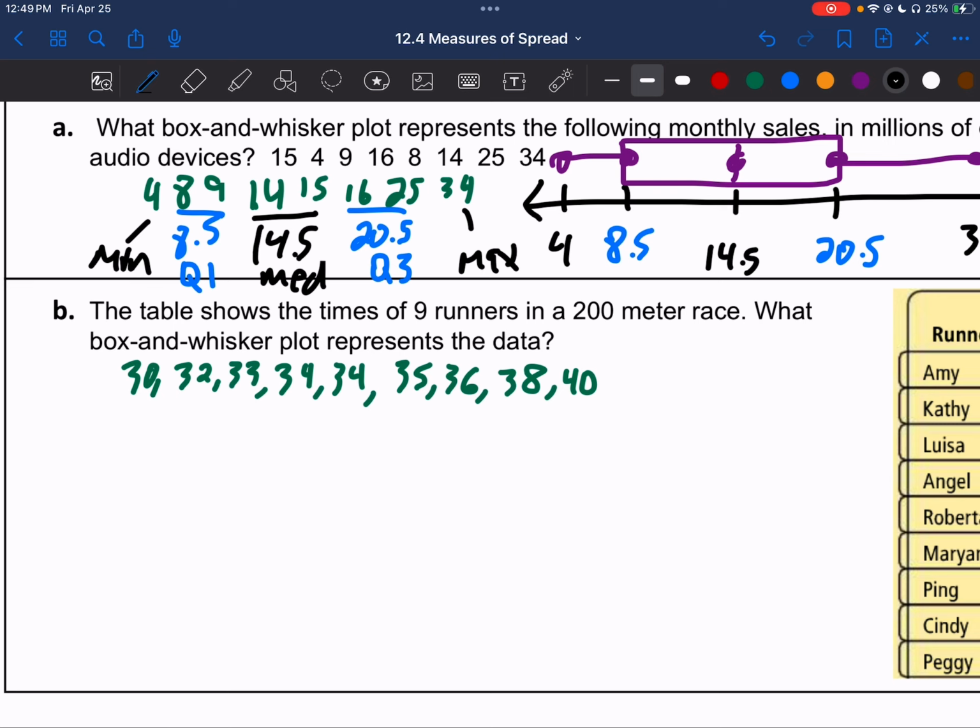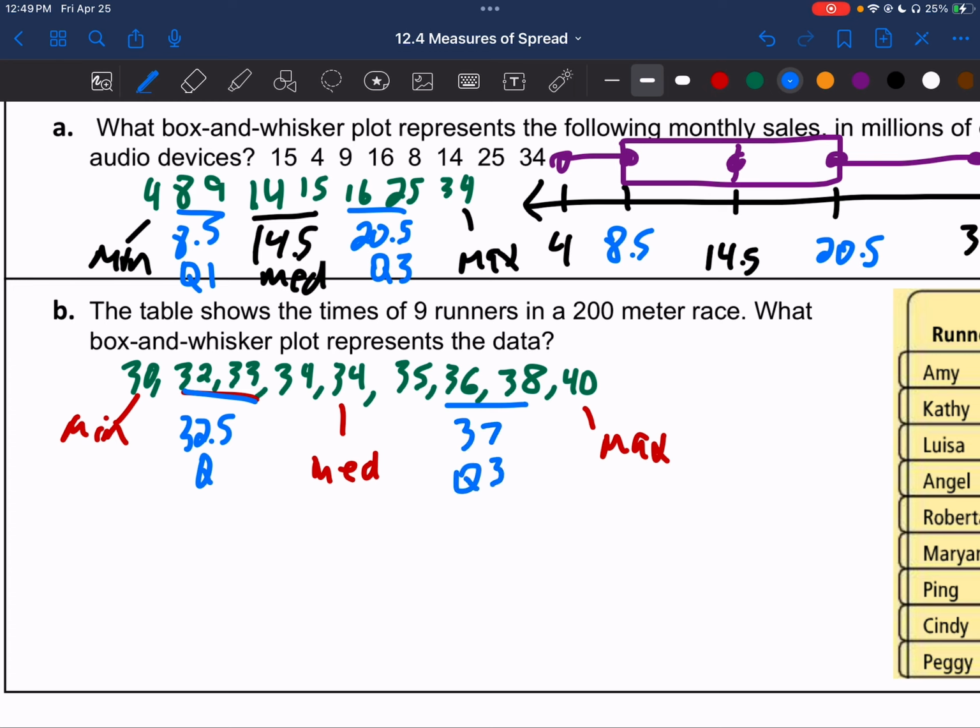So we have our min, our max, our median is 34, and then we have 1, 2, 3, 4, so we need to have the average there, which is 32.5, that's Q1. We take the average there, which is 37, is Q3. And now we make our box and whisker plot.